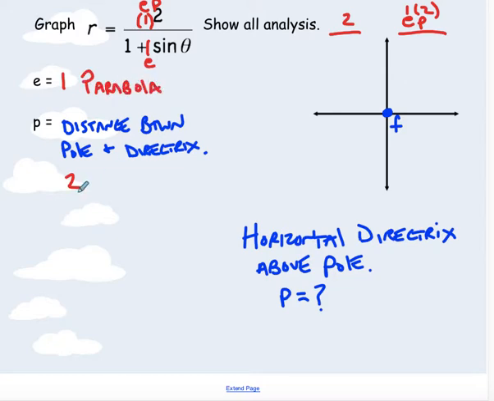And 2 is the distance between the pole and the directrix. And we know the directrix should be horizontal and it should be above the pole by 2. So above the pole by 2, that's where our horizontal directrix should go. And then we're graphing a parabola, keep in mind. And in a parabola, your vertex is halfway between your focus and your directrix.